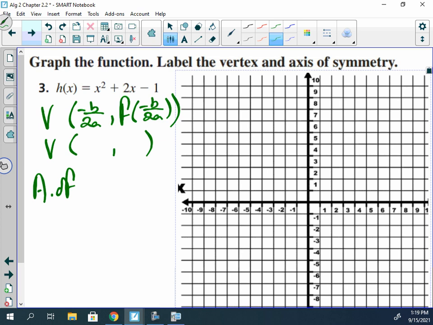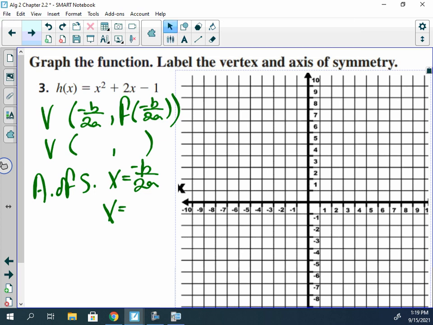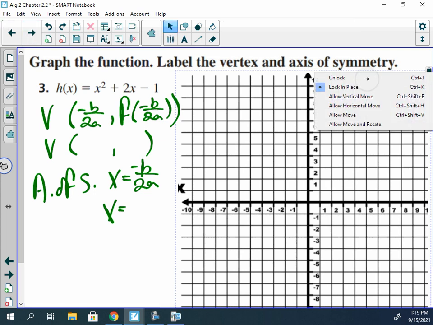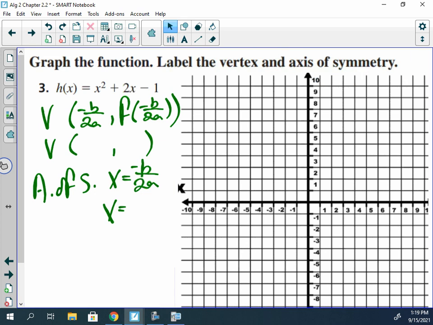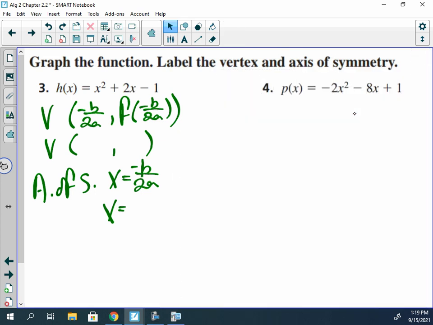The axis of symmetry is x is equal to negative b over 2a. So this here is the next problem. We'll look at it in a minute. So the big thing that we have is the negative b over 2a.